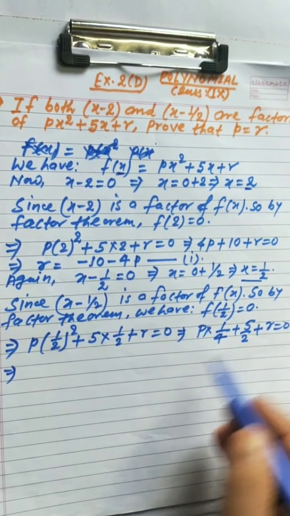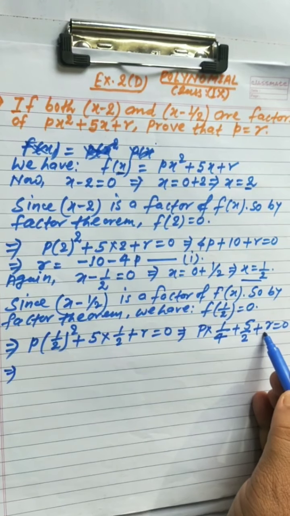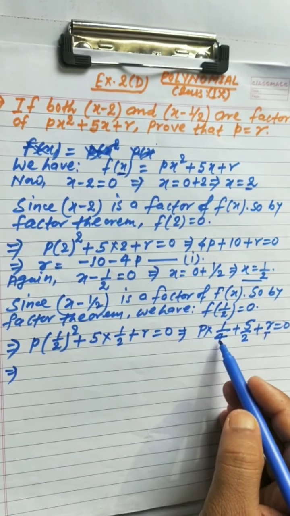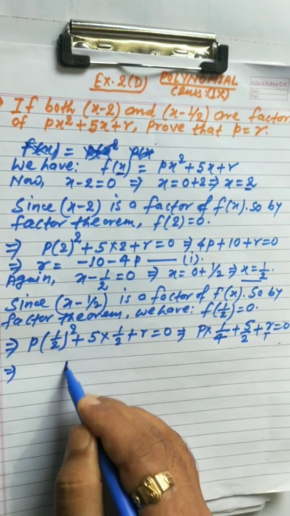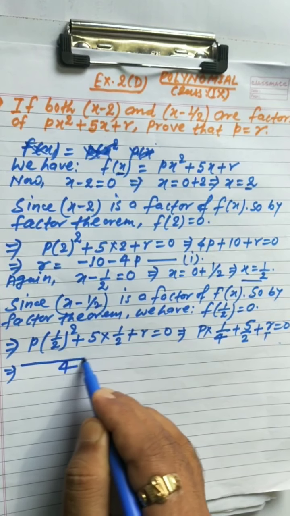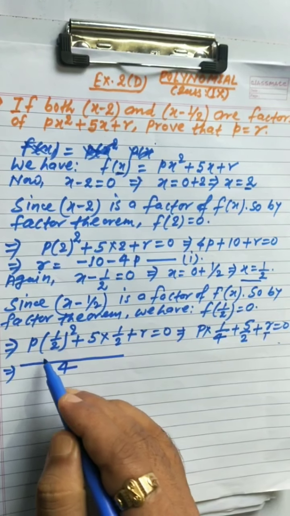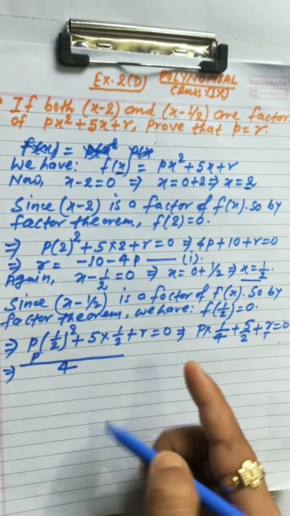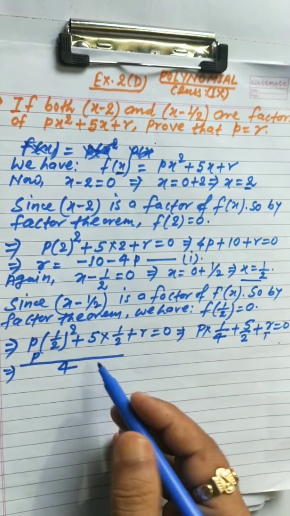Now you can take the LCM. Nothing is there, so 1 will be here. Now take the LCM of 4, 2, 1, which will be 4. And then we have here p will be there because 4 divided by 4 will be 1 and 1 multiplied by p will be p.